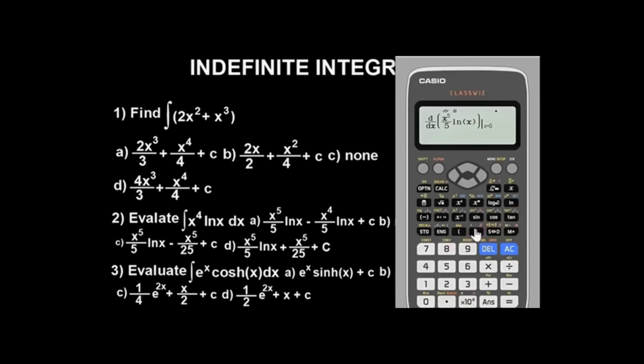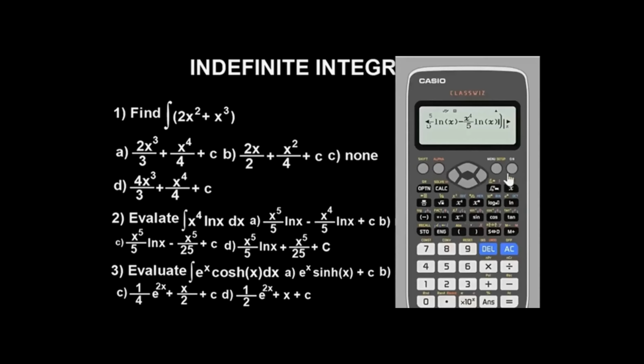What else do we have there? Minus a fraction, so we have x raised to power 4 over 5. Then we also have ln x dx, close the brackets. That's all, guys. We don't put a plus c as a constant.